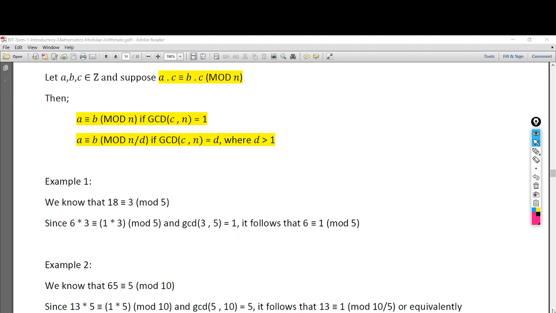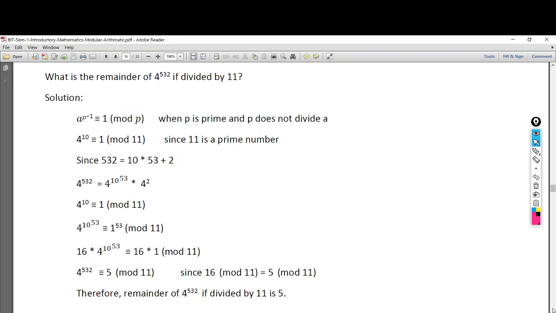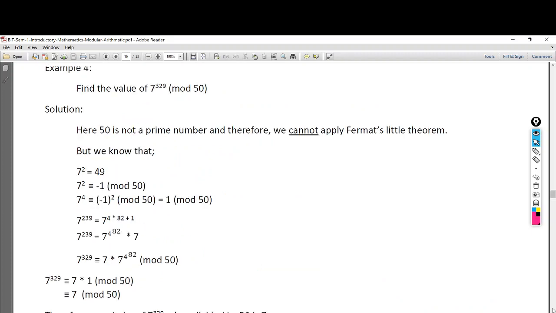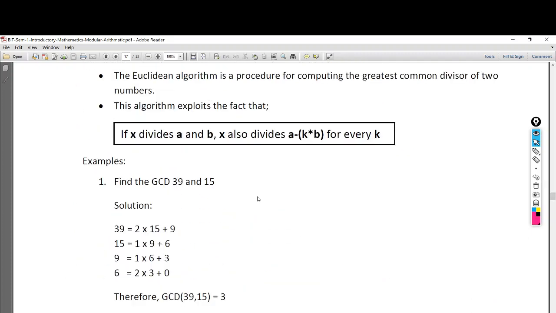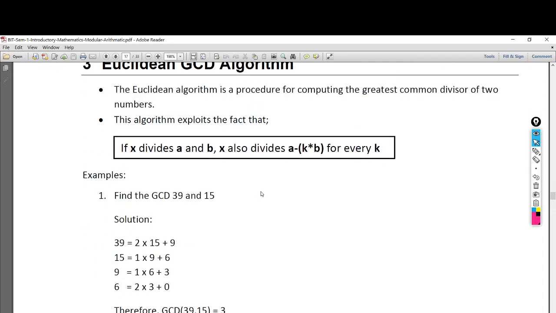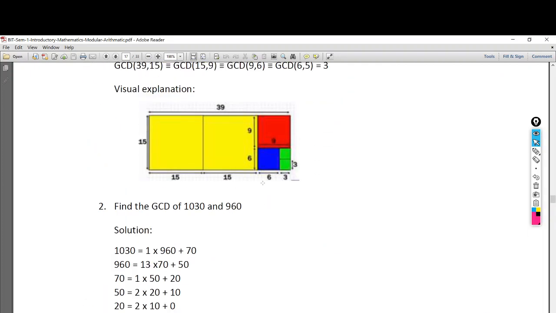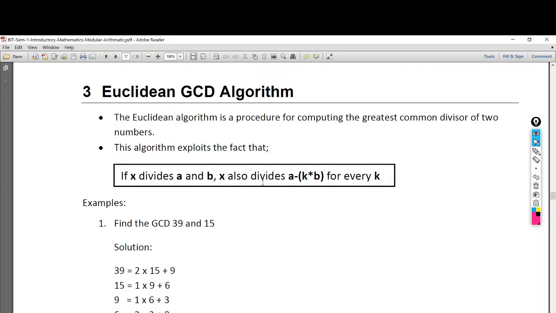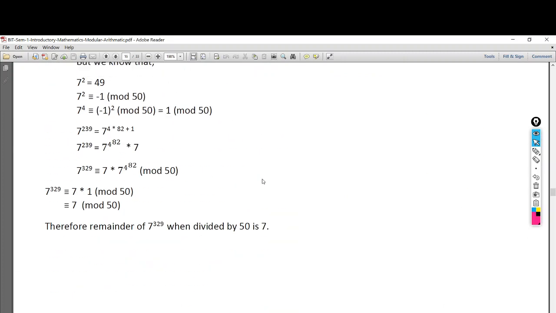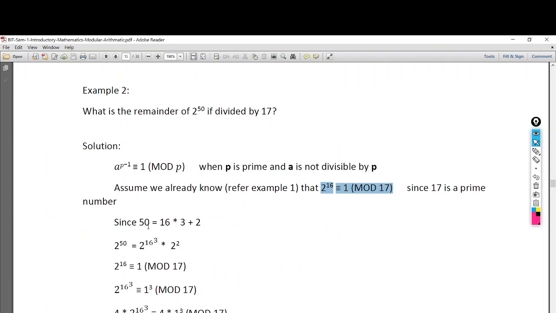And also, later today we are going to use GCD to find the inverse values, right? So far we have used Fermat's little theorem once, that is finding the remainder when you have a big number and a prime number.